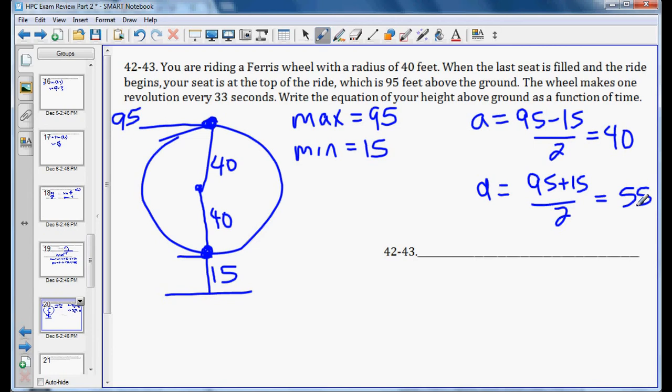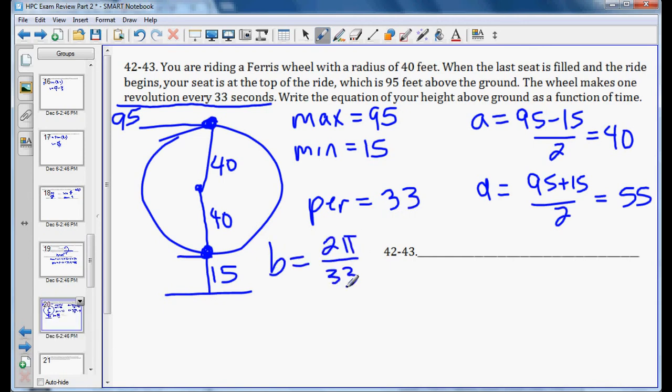Now we need to see if there's any kind of horizontal shift or phase shift. It says that when the ride begins, your seat is at the top of the ride. So at the beginning, you are at the maximum. We're starting at the maximum, so we don't have to do any shifting. You don't have to do a C value at all. So we have all of our information here. We'll do 40.